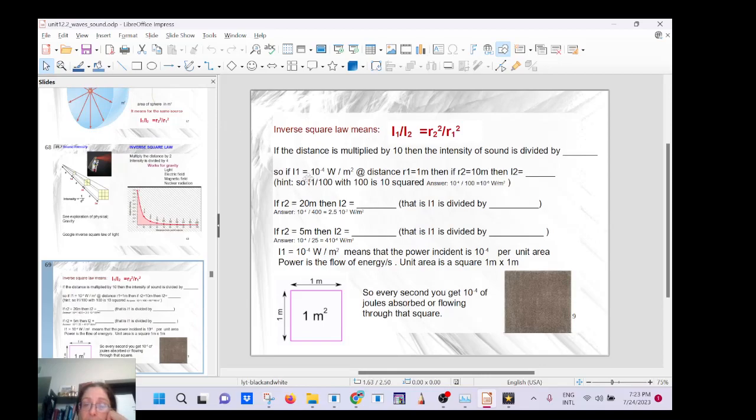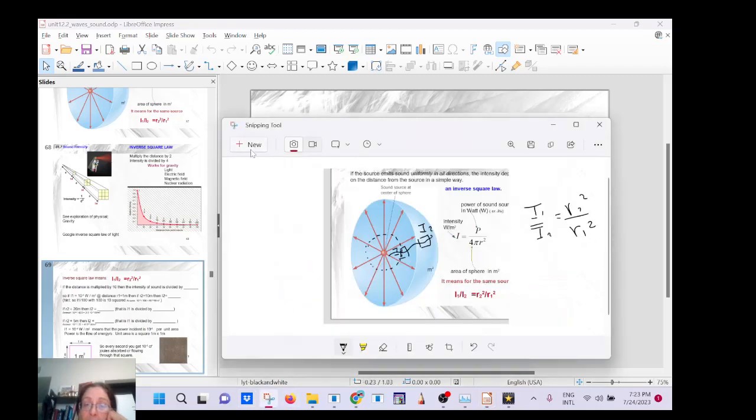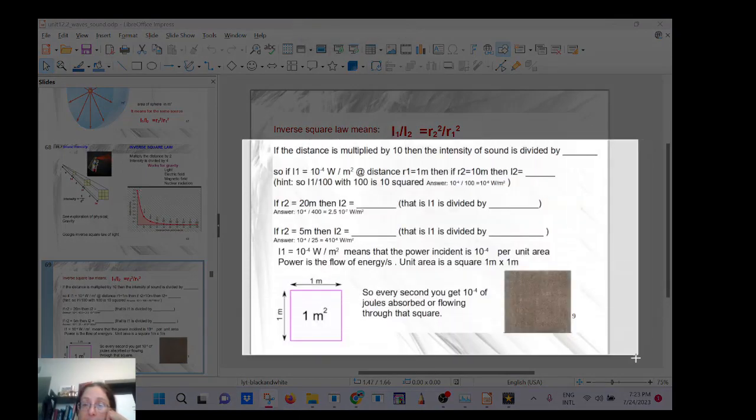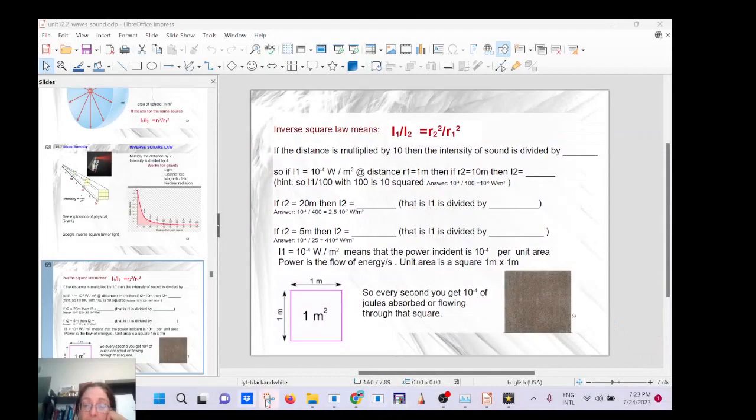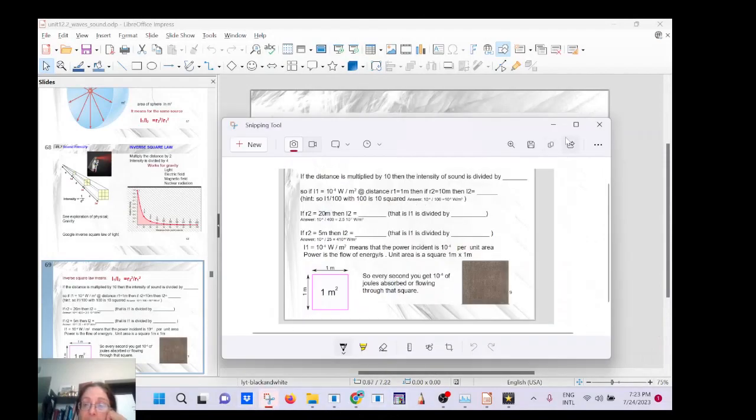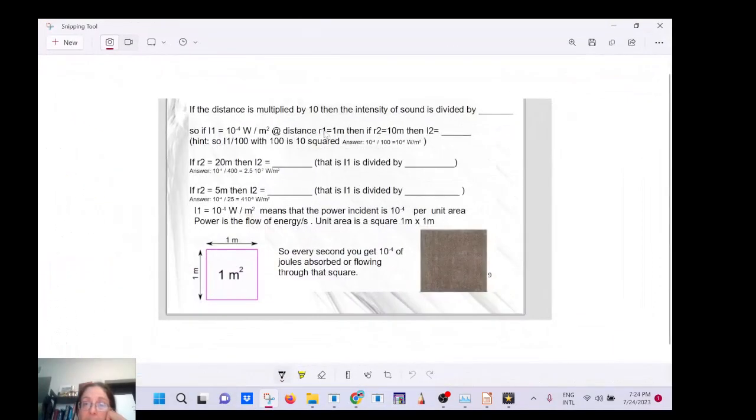Okay? So for example, if you have intensity here 10 to the negative 4 watts per meter square at a distance of 1 meter. So at a distance of 10 meters, so from here to there you multiply by 10. So the area is multiplied by 100.